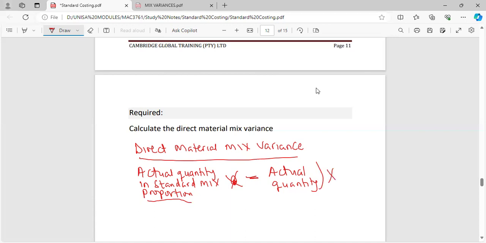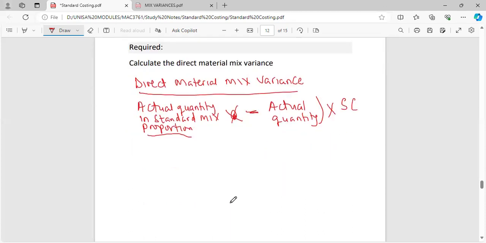So you need to calculate actual quantity in standard mix proportion minus actual quantity, then times standard cost. So that's how you build your formula.